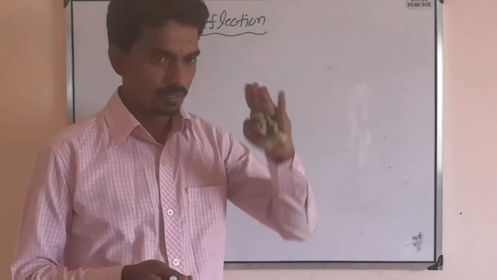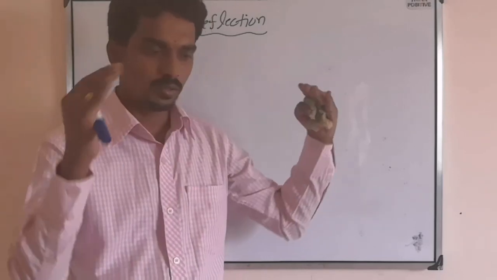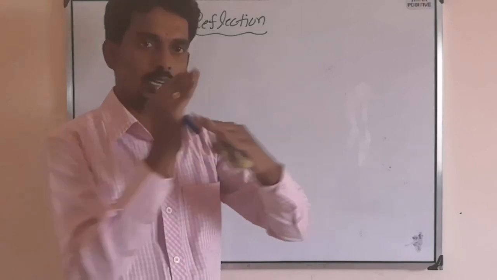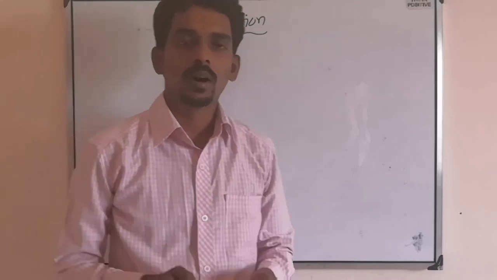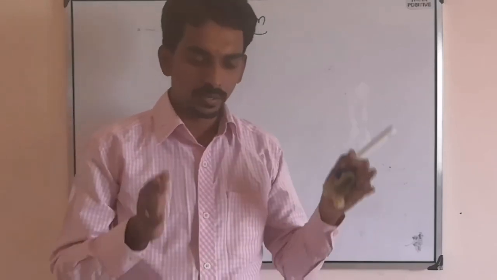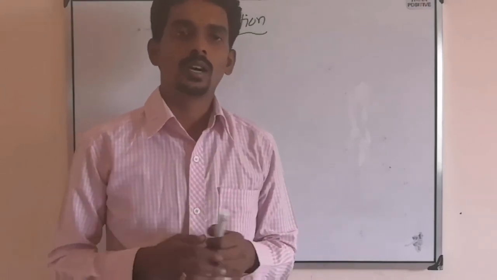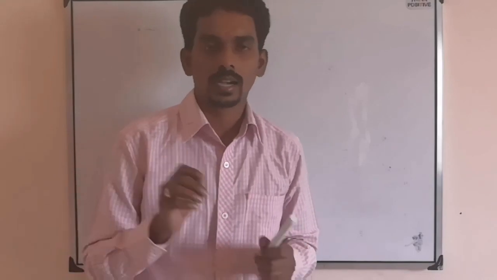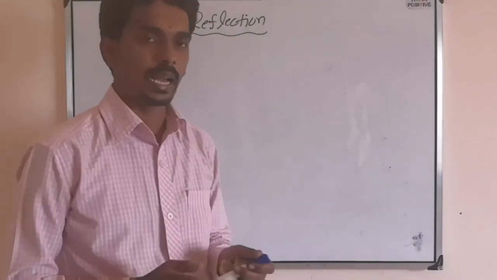So the incident wave is going, hitting and coming back. The incident and the reflected both will superimpose and form one stationary or standing wave between two fixed positions. That wave we call stationary or standing wave.